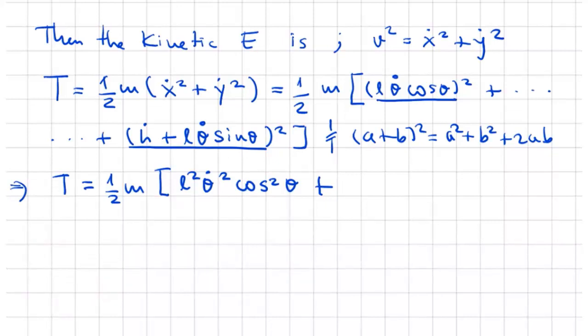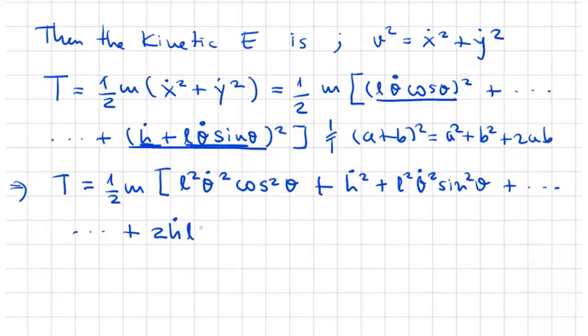So let's do h dot squared plus the second term squared, L theta dot sine of theta squared, plus 2 times the first times the second term, 2 times h dot L theta dot sine squared of theta.